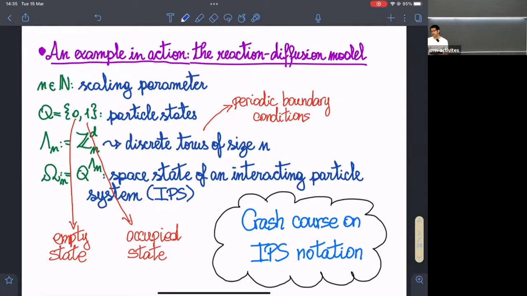So 0 means empty and 1 means occupied. In other situations, you can take different states. In a spin model, the states are plus or minus, representing spin up and down, and you can generalize in various different ways.